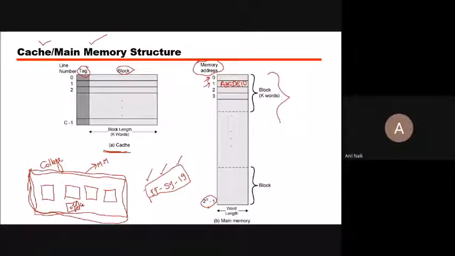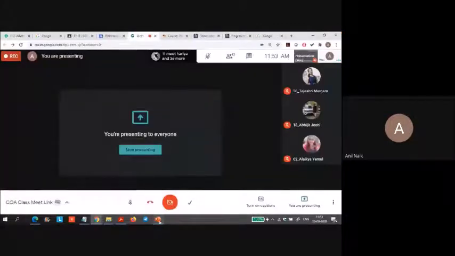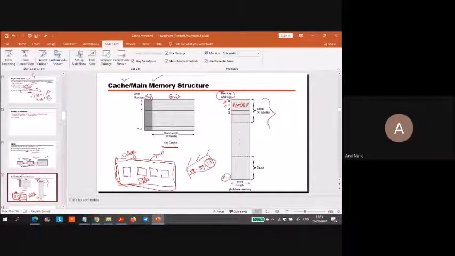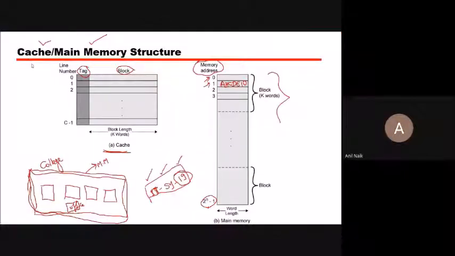But suppose we have tag fields, like IT department. Instead of going to different departments, we go directly to the IT department. So it saves our time.